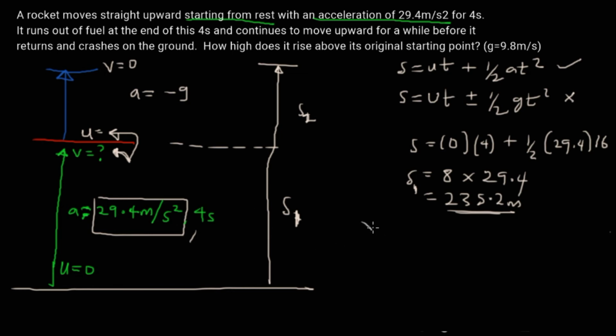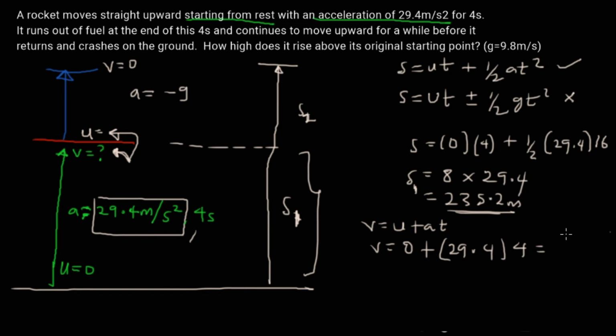That will be v equals u plus at. Still for this scenario, u is 0 and a is 29.4 multiplied by t, which is 4. As a result, the final velocity, which is 29.4 multiplied by 4, is equal to 117.6.